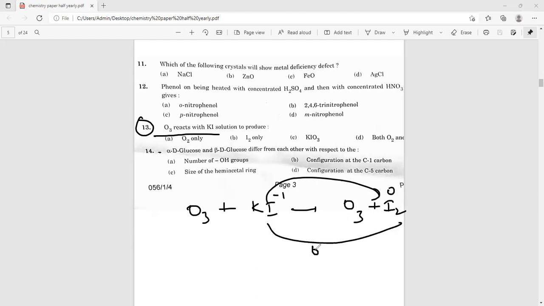Means oxidation takes place, and ozone is reduced to form oxygen. Ozone is reduced to form oxygen, right? Reduction is there and oxidation is there. Means answer is 4, both O2 and I2. Means D is the right answer.